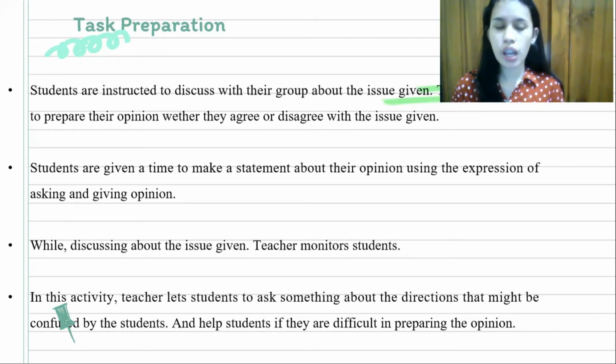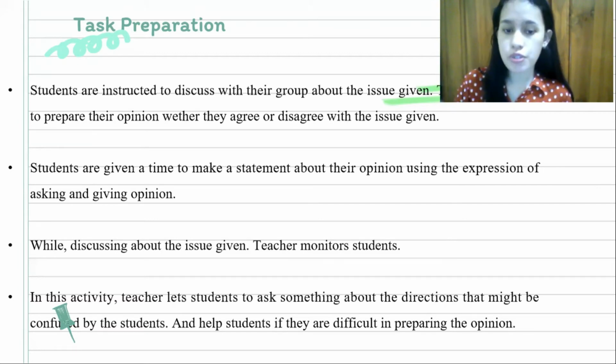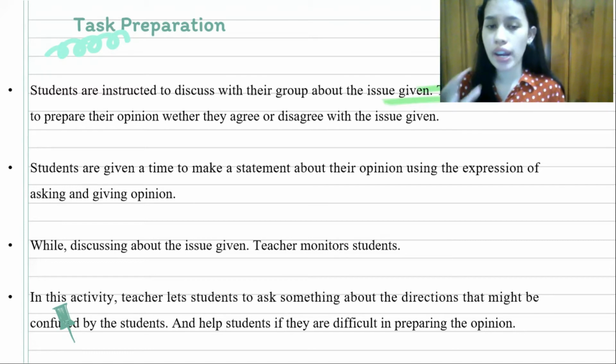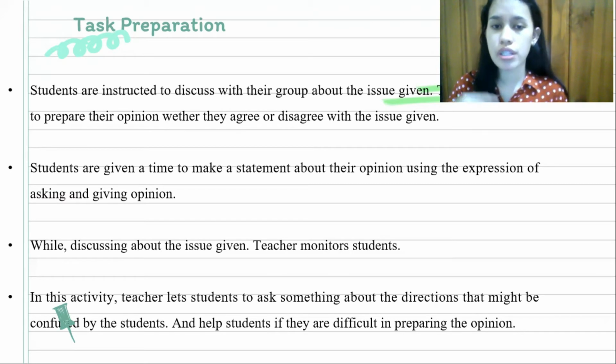While they discuss the issue, the teacher's role is monitoring the students. The teacher leads students to ask about any direction that might be confusing, and helps them if they find difficulty in preparing their opinion.